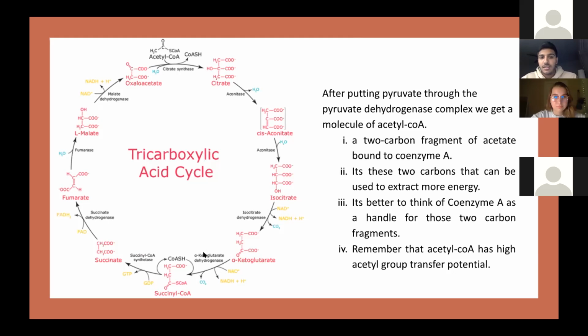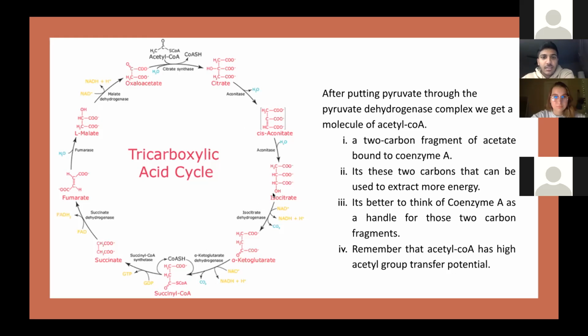The reason is that these are typically the most regulated. Actually, succinyl-CoA synthetase won't be regulated, but the others will be: isocitrate dehydrogenase, alpha ketoglutarate dehydrogenase, and citrate synthase. Those are all going to be regulated.